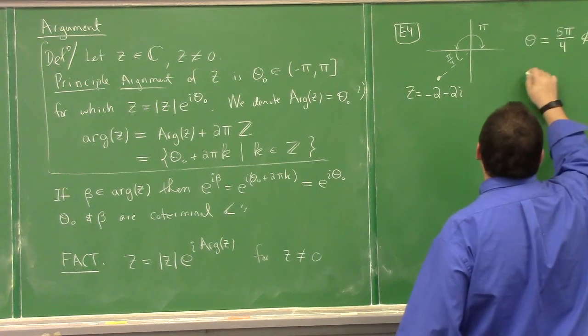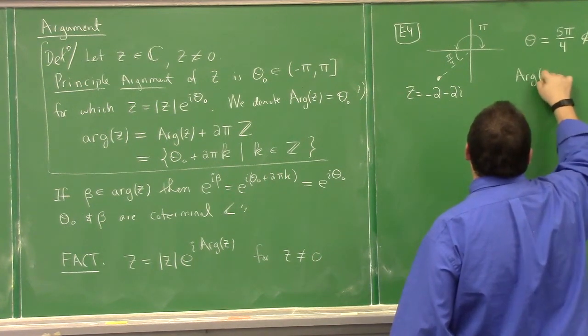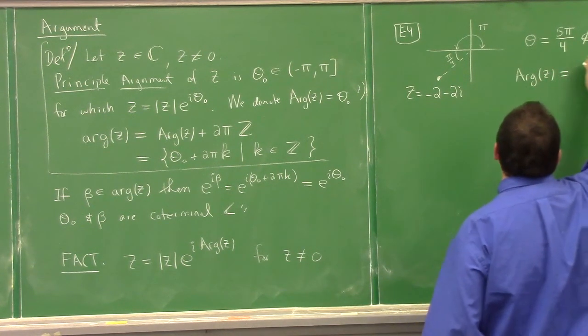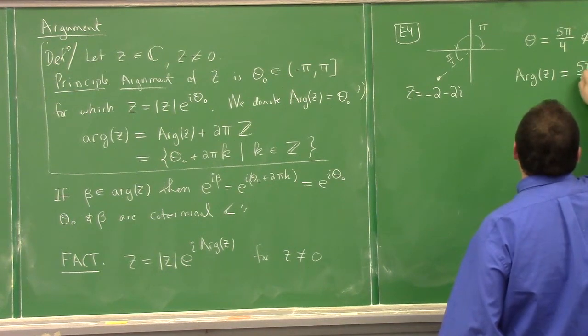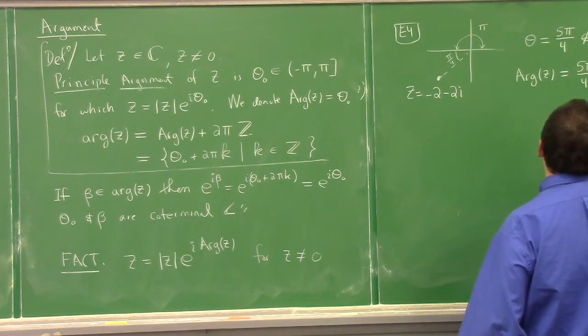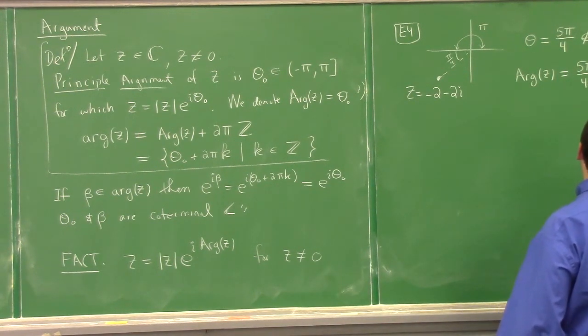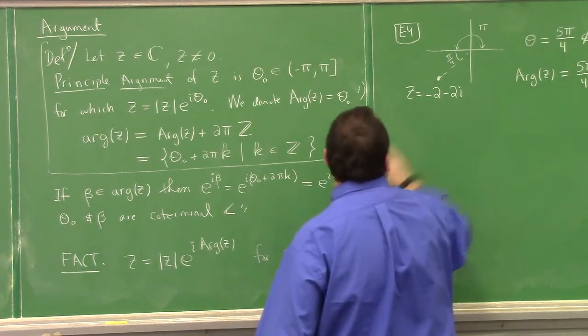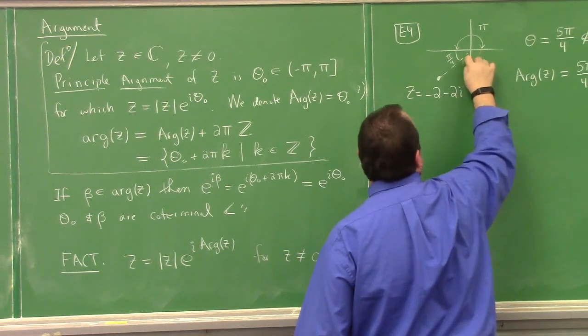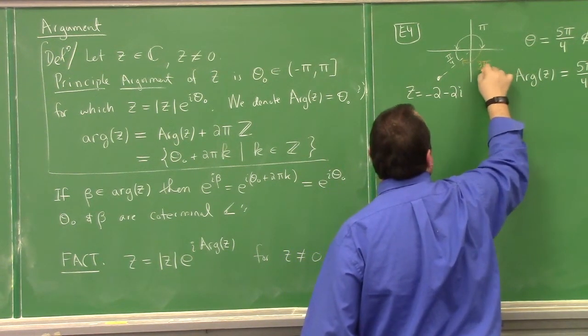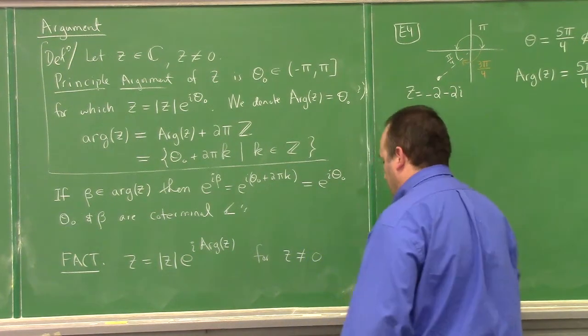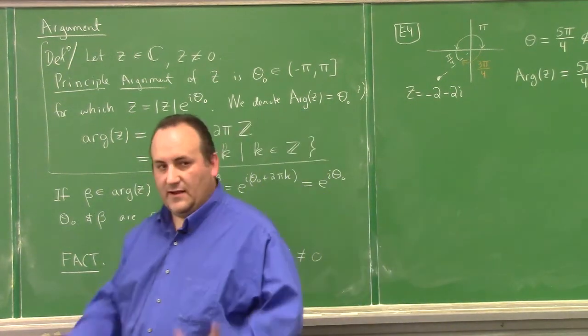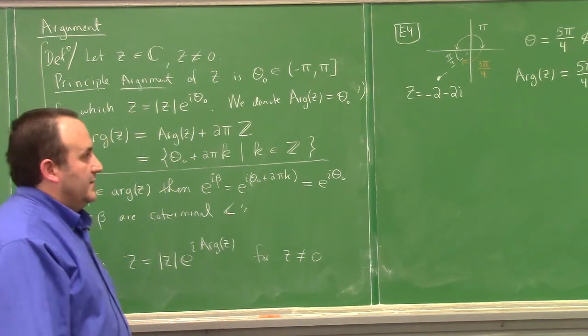So this means that the argument of z is going to be 5 pi over 4 minus 2 pi, right? Which is minus 3 pi over 4. Which I think of geometrically as being this angle. It's that clockwise 3 pi over 4, which is counterclockwise minus 3 pi over 4.